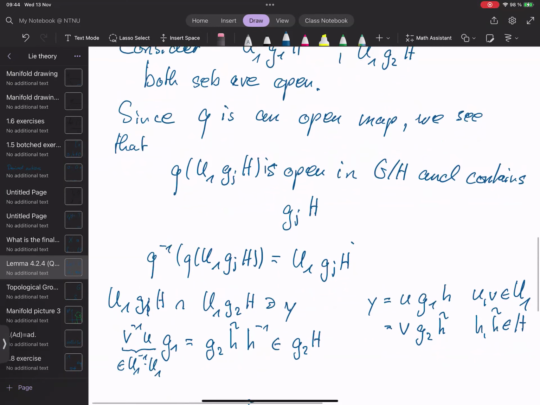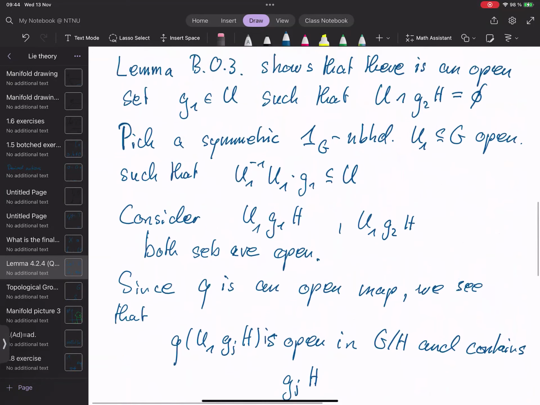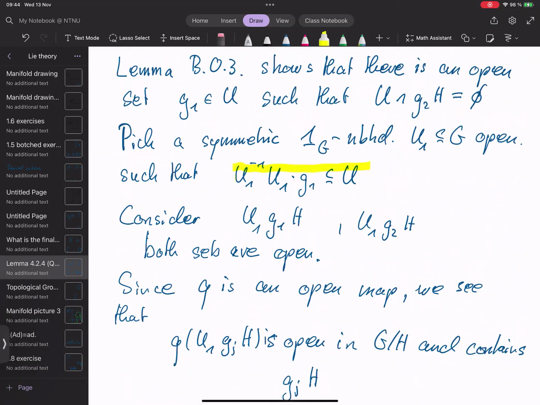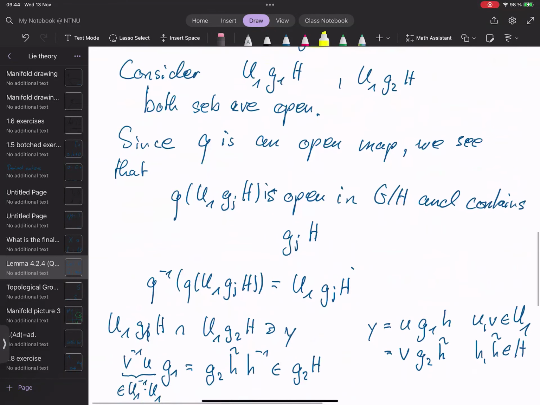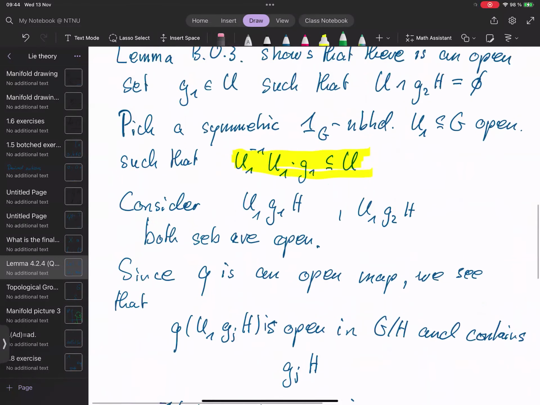Let's see what U1 inverse times U1 times G1 satisfies. We have set it up to satisfy this inclusion: if you have U1 inverse times U1 times G1, we are inside of U. So the right-hand side here is inside of U. So if such a thing exists, then we have some element Y which lies in the intersection of my open set U with G2 times H. Let's see that this is impossible.